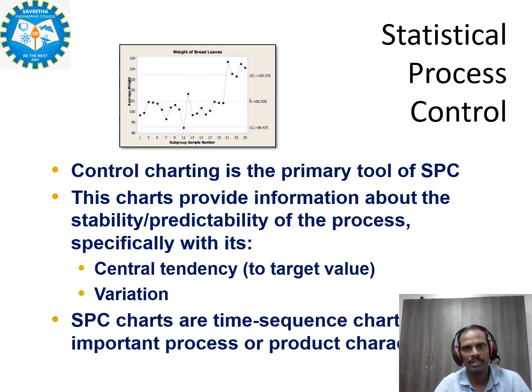So this chart provides information about the stability and predictability of the process within the specified ranges, and it is also used to find the central tendency or target values and how much variation occurs. This chart is used as a time sequence chart. Whenever the process is running, we have to complete it within the time interval, and that interval is most important for the process in the production section.